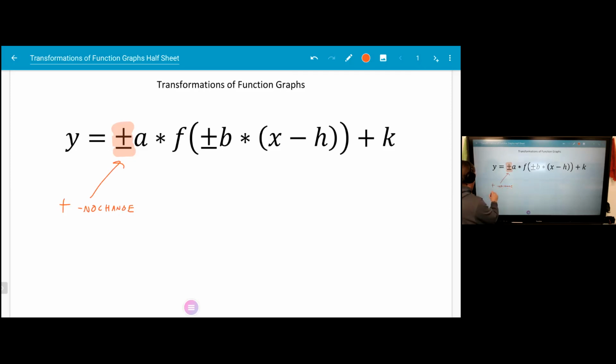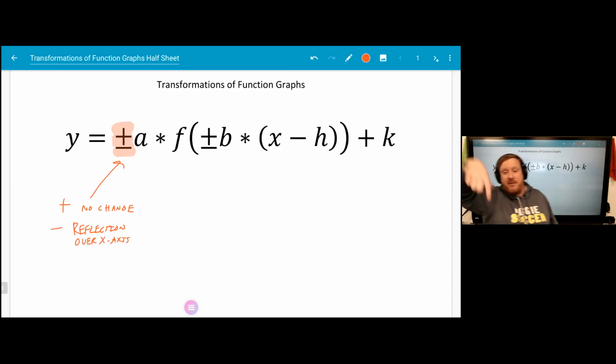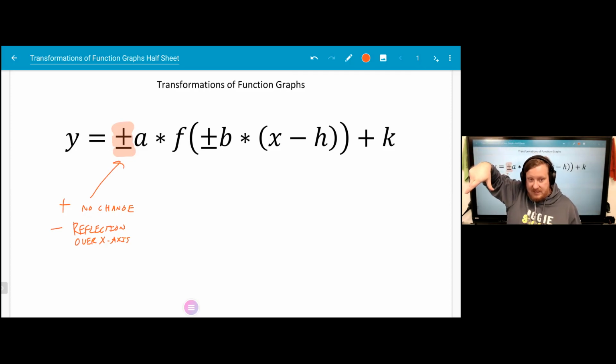If this value is negative, it's a reflection over the x-axis. And that's because it's a vertical reflection. It's reflecting over the x-axis, vertical reflection, okay?